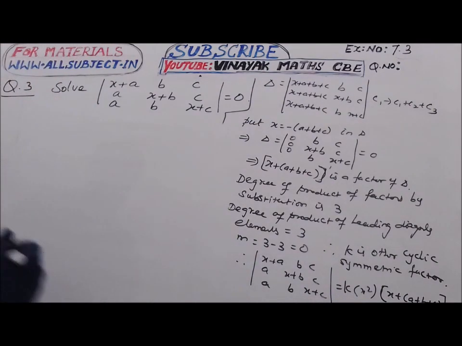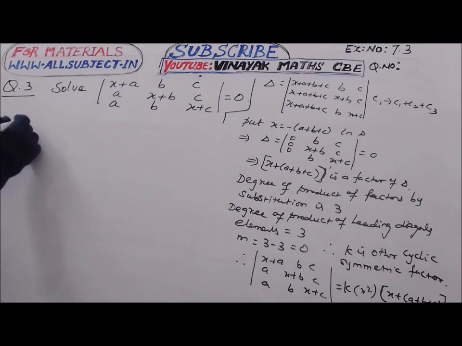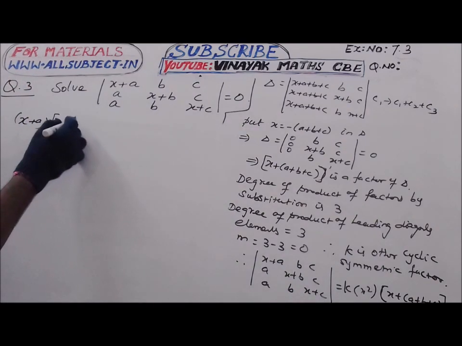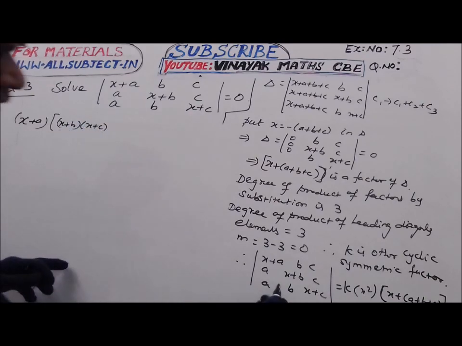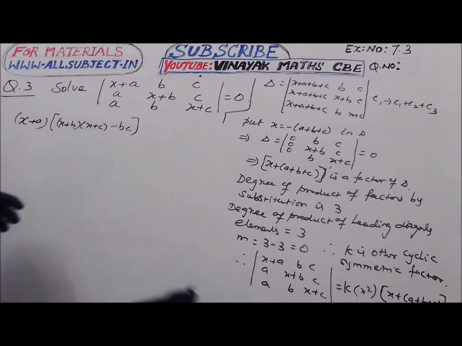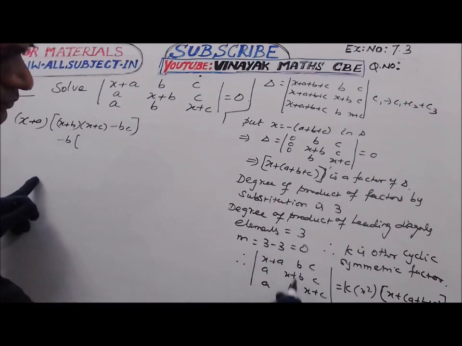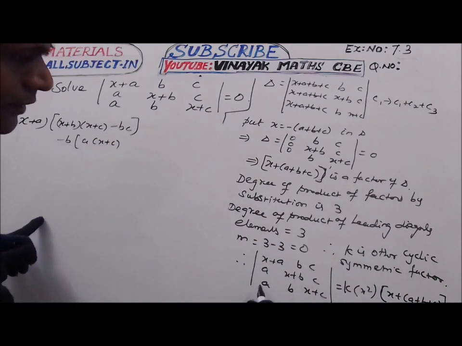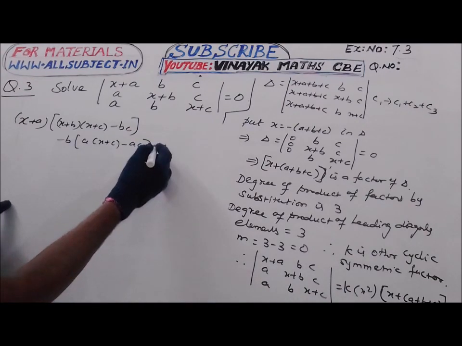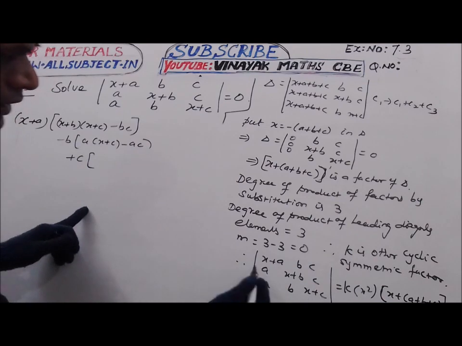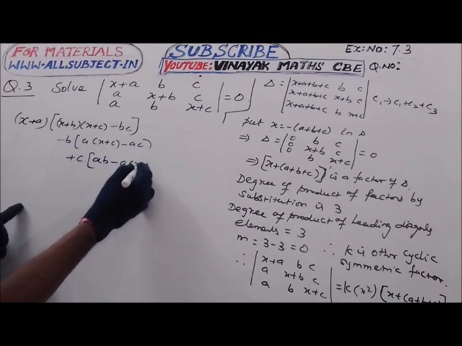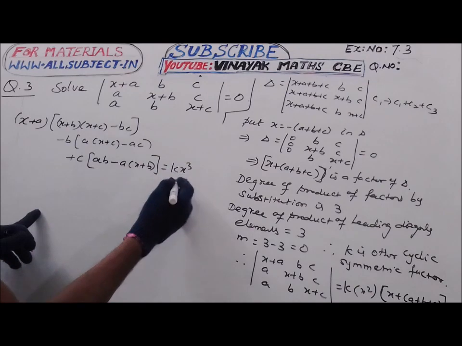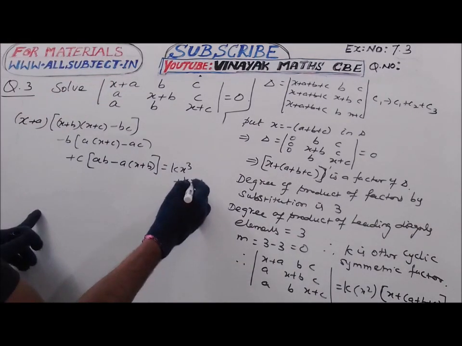So just expanding this: (x plus a) into (x plus b)(x plus c) minus bc, then minus b into the next term, and then plus c into (ab minus a into (x plus b)), equal to, on the right side, kx cube plus kx square into (a plus b plus c).